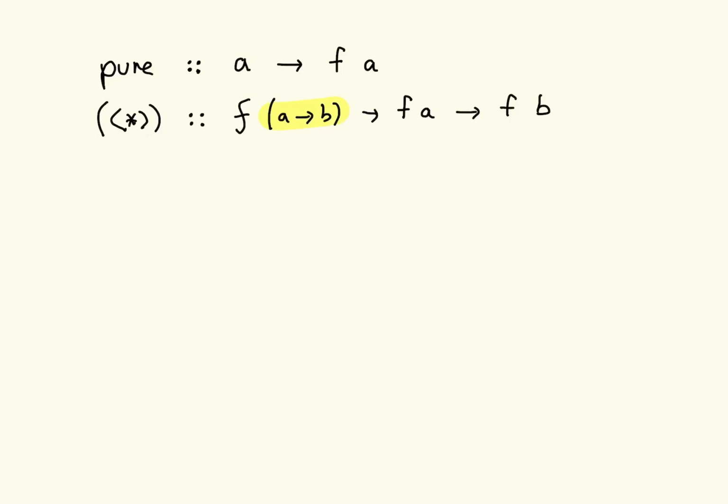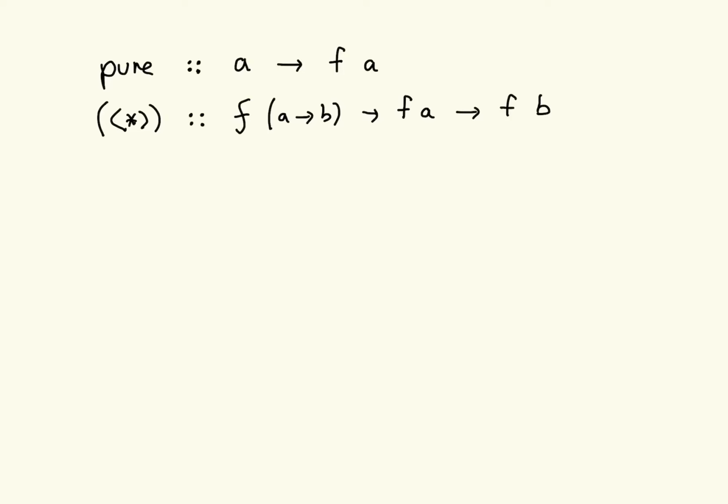Function application takes a function from A to B, an argument of type A, and then gives you a result of type B. And that's exactly what we've got here, except we're taking a data structure which contains functions of type A to B, and then we're taking a data structure which contains arguments of type A, and then we're applying one to the other in the appropriate way, and we're giving back a data structure which has values of type B. So the way we're going to think of the funny star operator is it's a generalized form of function application. Okay. So how do you use these things?